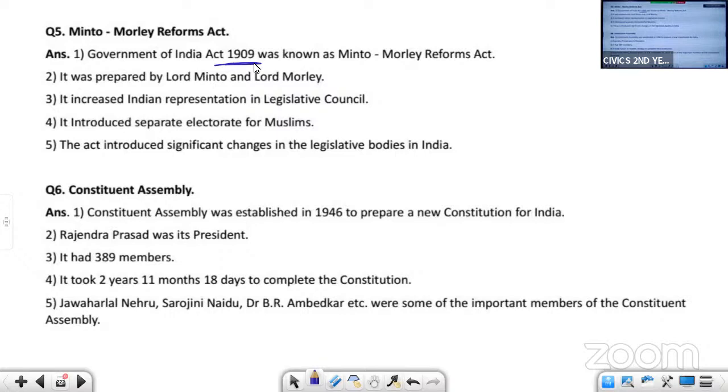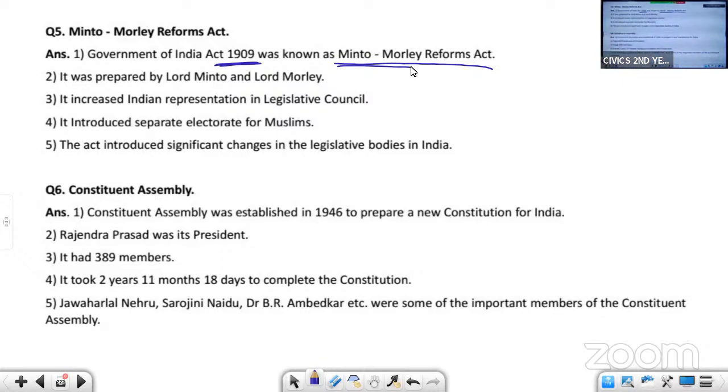The other name for this act is Minto-Morley Reforms Act. It is also known as Minto-Morley Reforms Act 1909.